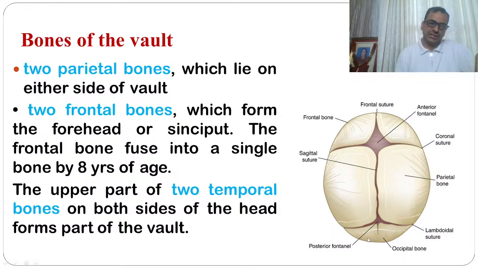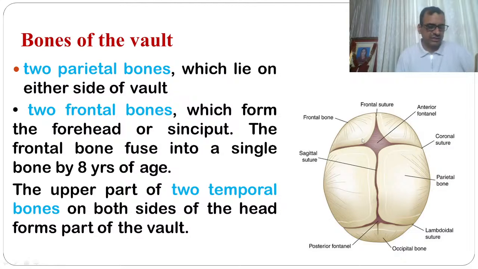Then there are two parietal bones, which lie one on either side. In this skull you can see these are the parietal bones. Then two frontal bones. Here you can ask a question: the frontal bone is one, so why are there two? Just before birth, the frontal bones are separate and they are two, but after delivery they fuse to each other and form one bone.